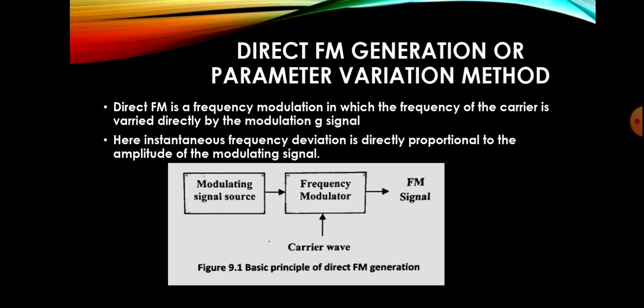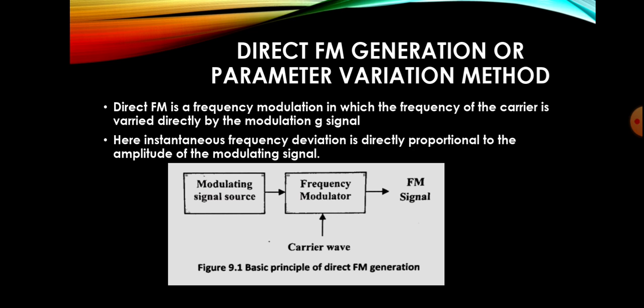Here the instantaneous frequency deviation is directly proportional to the amplitude of the modulating signal. That means based on the amplitude of the modulating signal, the instantaneous frequency of the carrier will vary, and that frequency deviation will be directly proportional to the amplitude of the modulating signal.